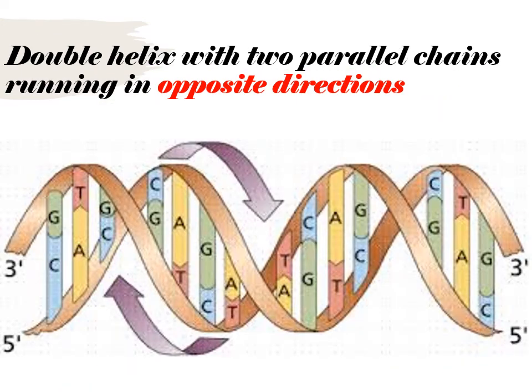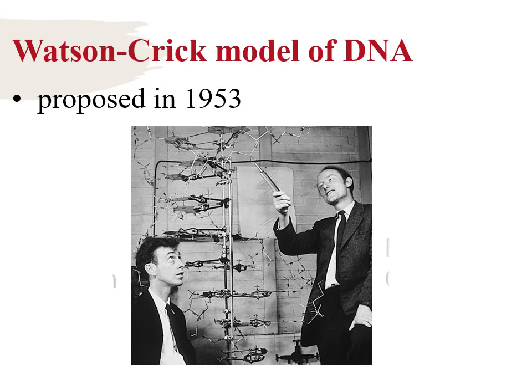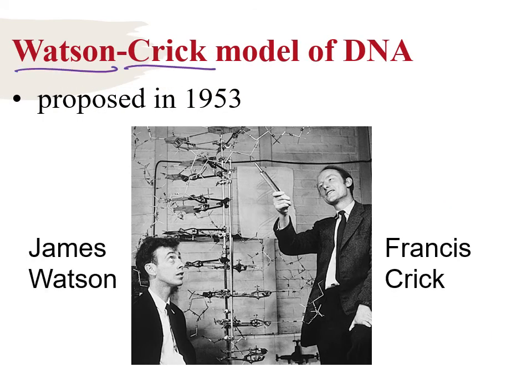And when the two parallel chains join together, they wind up. So you will see this is a double helix. After many years of hard work, in 1953, scientists finally had the conclusion of how DNA looks like. The two scientists, Watson and Crick, proposed the Watson and Crick model.